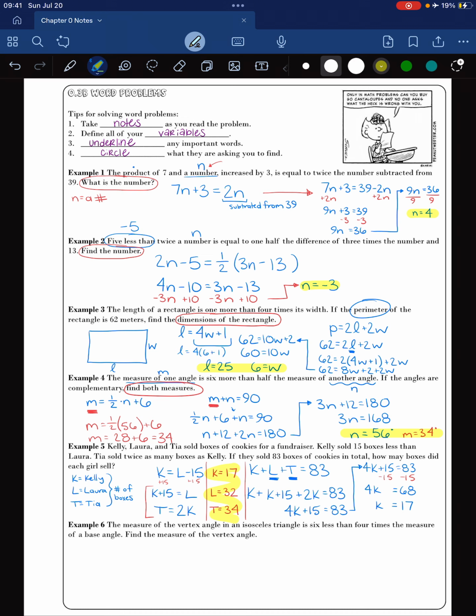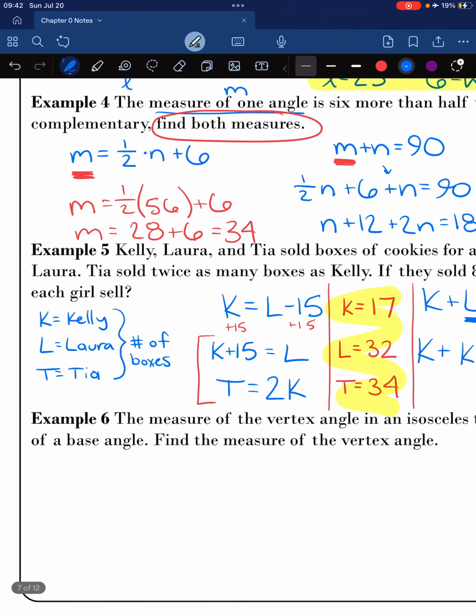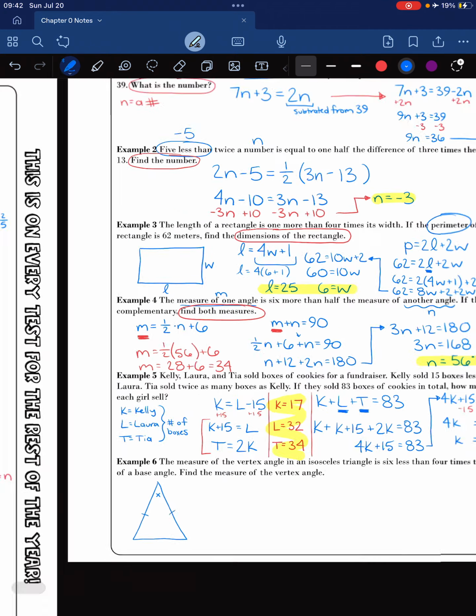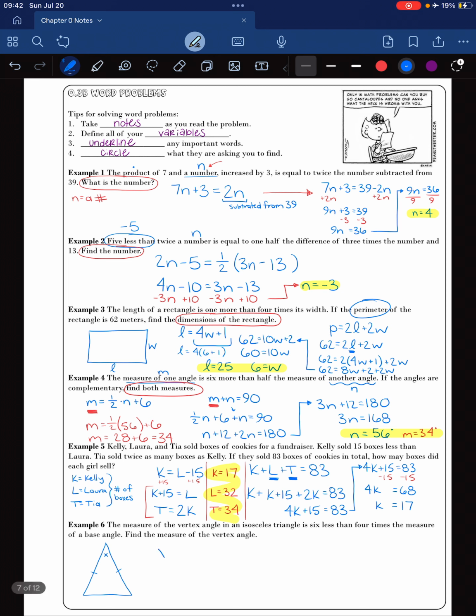Okay, example 6: the measure of the vertex angle of an isosceles triangle. So let's draw the isosceles triangle. The measure of the vertex angle, let's call that X, or I guess V for vertex, but I just chose X. X is 6 less than 4 times the measure of a base angle, so I'll use B for base.